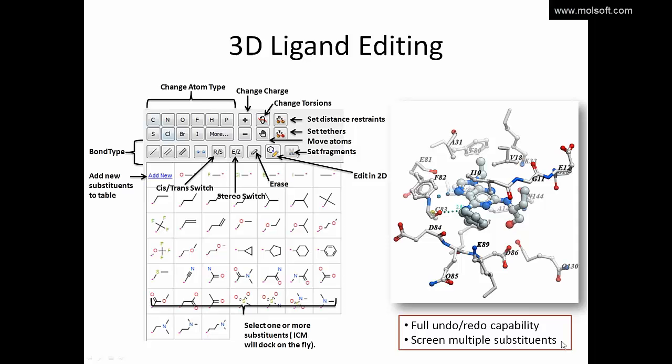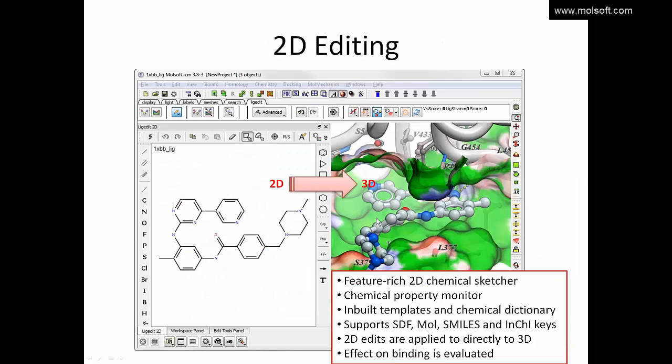You can also screen multiple substituents, so you can select like 6 or 7 of these or more if you wanted to, and then just click on an atom and it will run. After developing in 3D, we realized that chemists actually quite like 2D, so you can also do it in 2D.